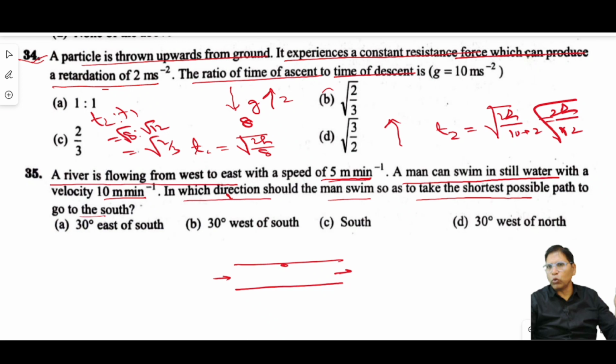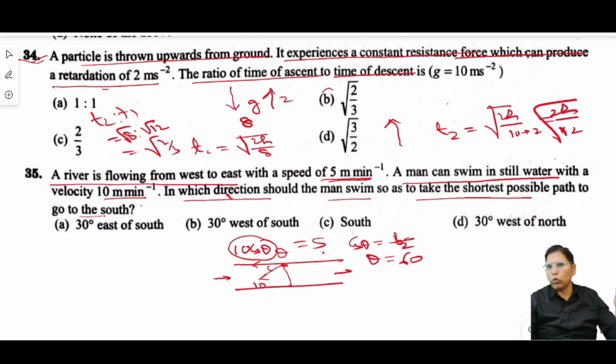Now, from this point to this point, the person must move along this direction. Suppose this angle is theta. The component of velocity 10 meter per second along this direction is 10 cos theta. If 10 cos theta is equal to the velocity of the stream, 5, then cos theta equals half, so theta equals 60 degree.